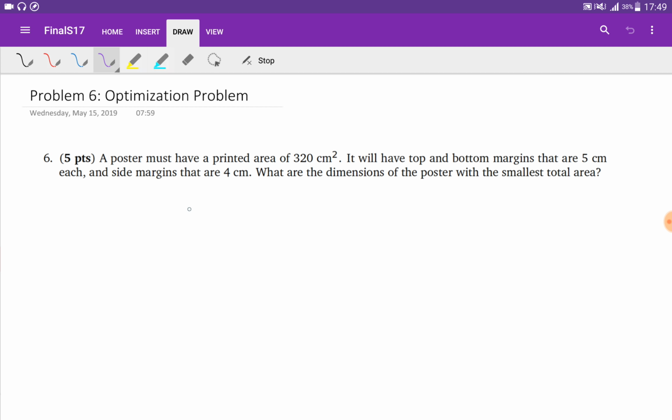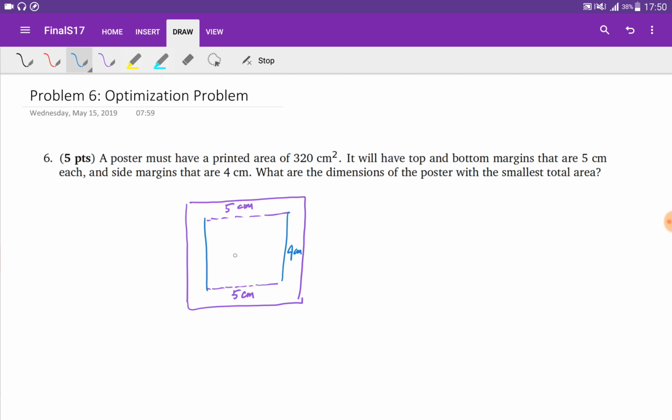Okay, so we are given a poster, and it has the top margin and a bottom margin at a distance of 5 centimeters, and the side margins are at the distance of 4 centimeters.